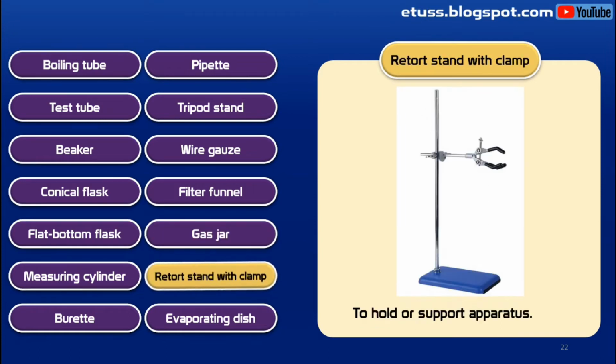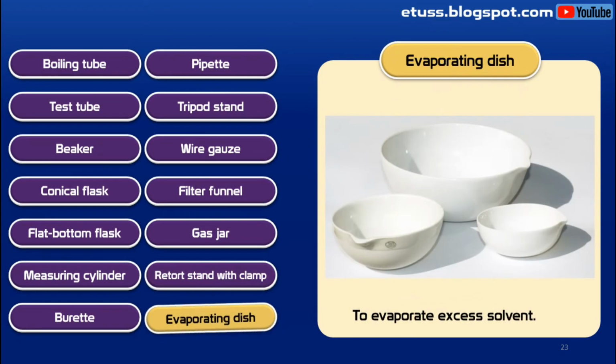Next is retort stand with clamp. Functions to hold or support apparatus when we are running the experiment. And the last one is evaporating dish. It is used to evaporate excess solvent.